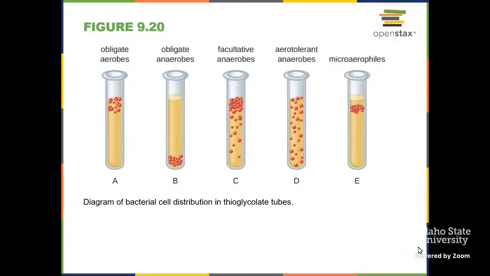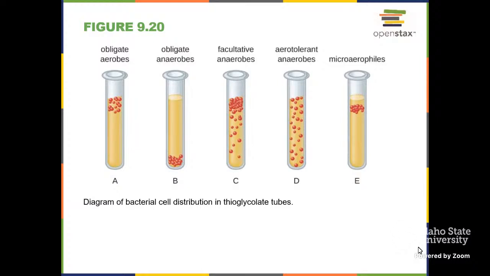So differences. This tube looks almost like the whole thing is turbid when you look at it. Sort of a gradient, more turbidity toward the top, but the whole thing looks kind of turbid. The aerotolerant anaerobes are more evenly dispersed. They can handle some oxygen, but technically they're not using oxygen as the final electron acceptor in cellular respiration like we see our facultative ones doing.